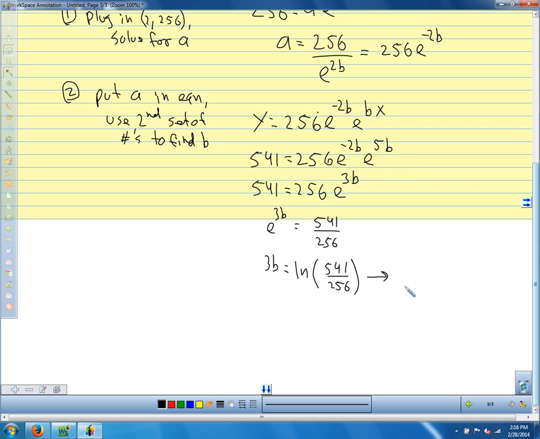And this gives me that b equals 1/3, dividing by 3 to get b by itself, the natural log of 541 over 256. Plug this into my calculator, and I get b is approximately 0.2494. Now I'm going to use this b to solve for a.